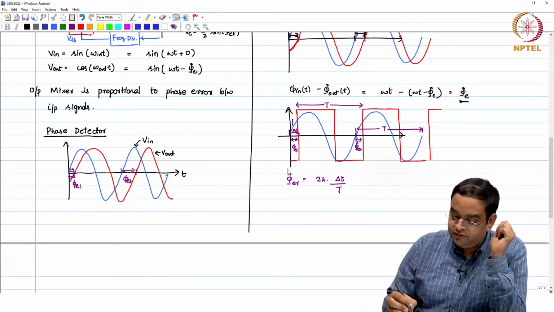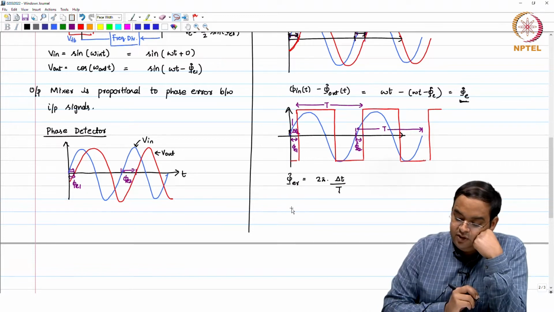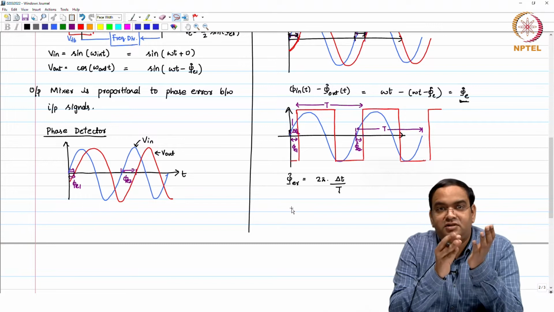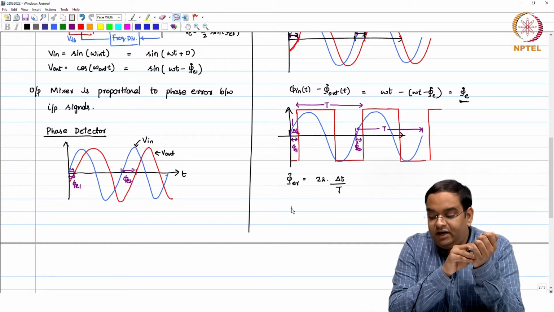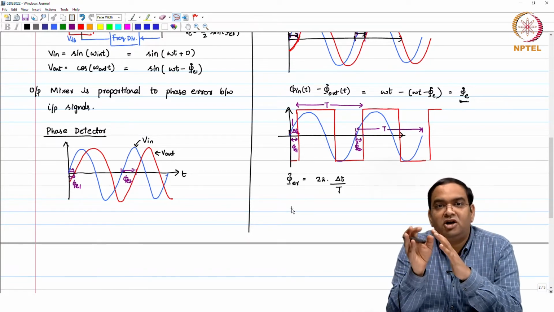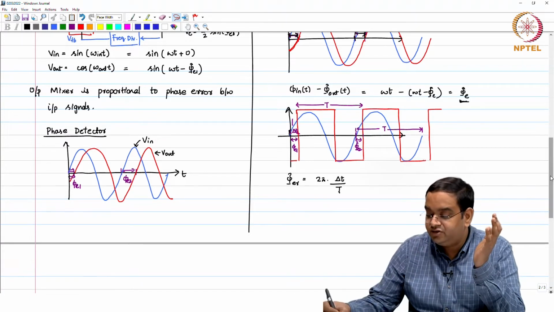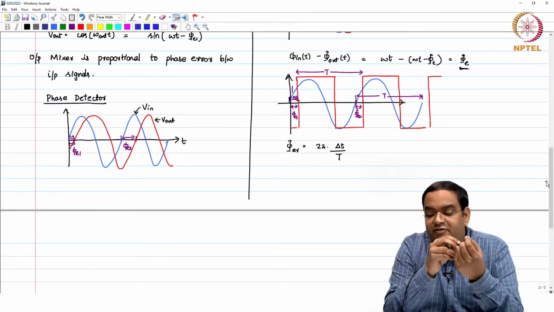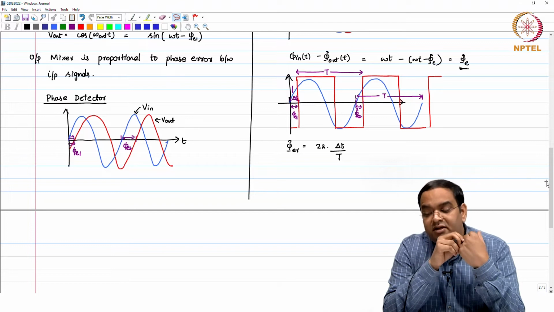Okay. So, when you have such kind of waveforms, you define the phase error not like an integer, because just think about it, if you start writing the Fourier series of the square waveform, and you have so many signals, but that is not how we define here. What we define here, the phase error is the separation, the time difference between the zero crossing of the two periodic signals.